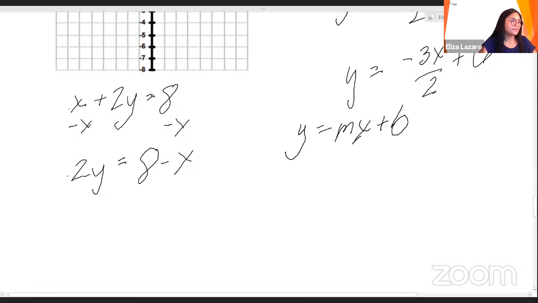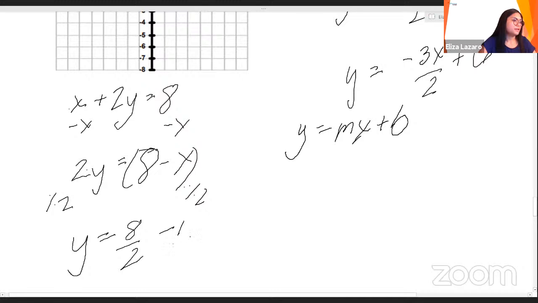You want to get y by itself. And to do that, we have to divide by 2, since this is really just 2 times y. So divide this side by 2, just like that other one. Divide this side by 2. We're left with y on this side. And we want to divide this whole thing by 2. So we're left with 8 divided by 2 minus 1/2 x.